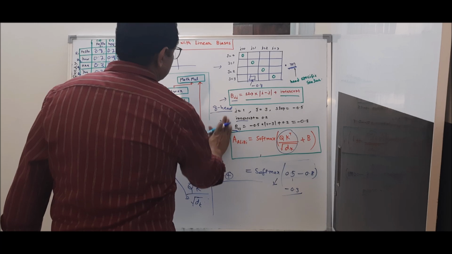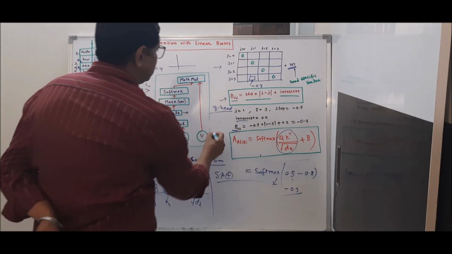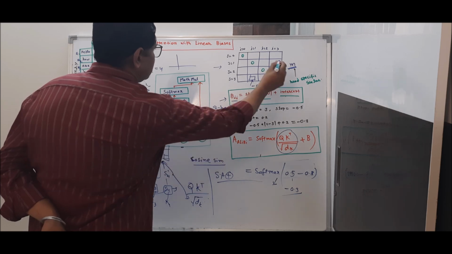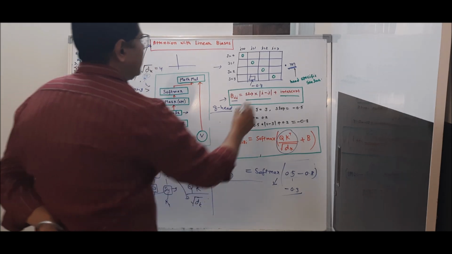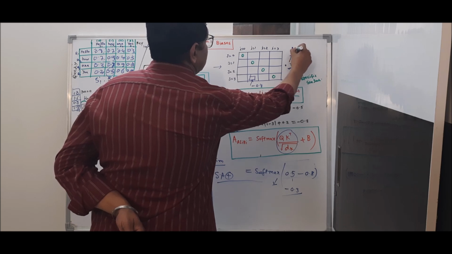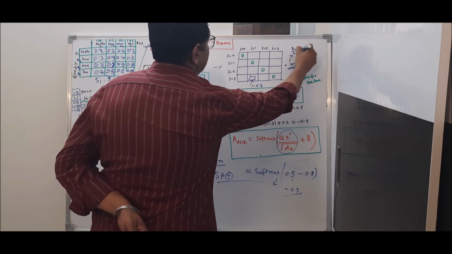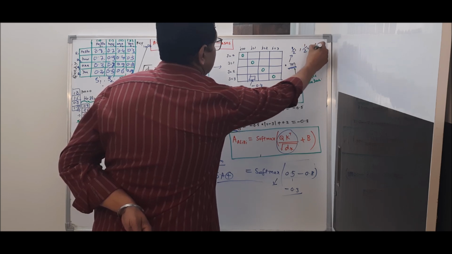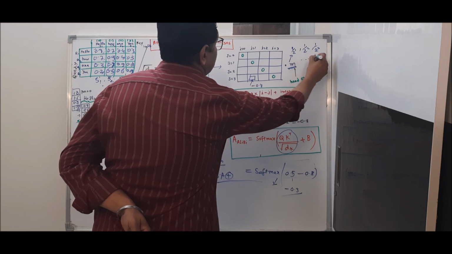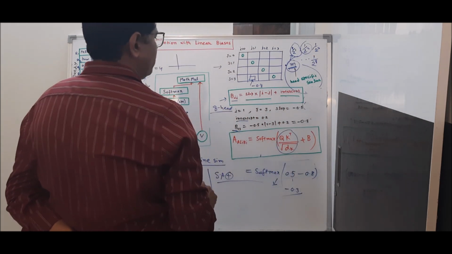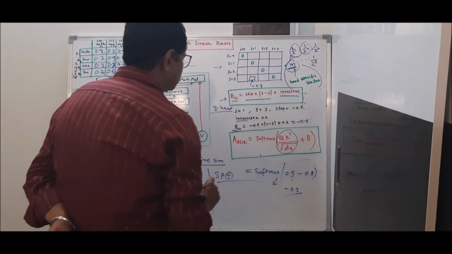Suppose we have 8 attention heads. It adds the value of m: for the first head it will be 1 by 2 to the power 1, for the second head 1 by 2 to the power 2, for the third 2 to the power 3, and so on up to 1 divided by 2 to the power 8.